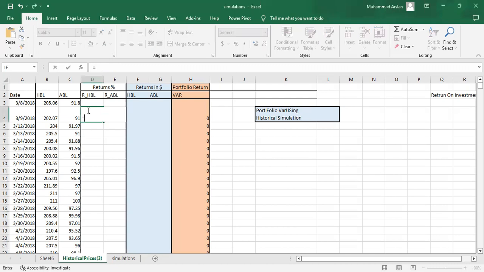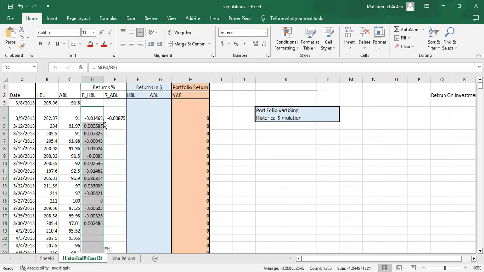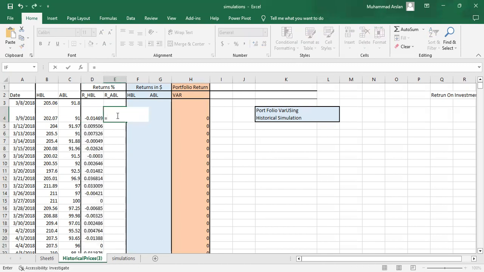For returns, we use the Excel function LN, which is natural log, of the ending value divided by the beginning value. So here is the return for HBL on the day 3/9/2018. Then simply we drag that, and similarly we compute the returns for ABL.